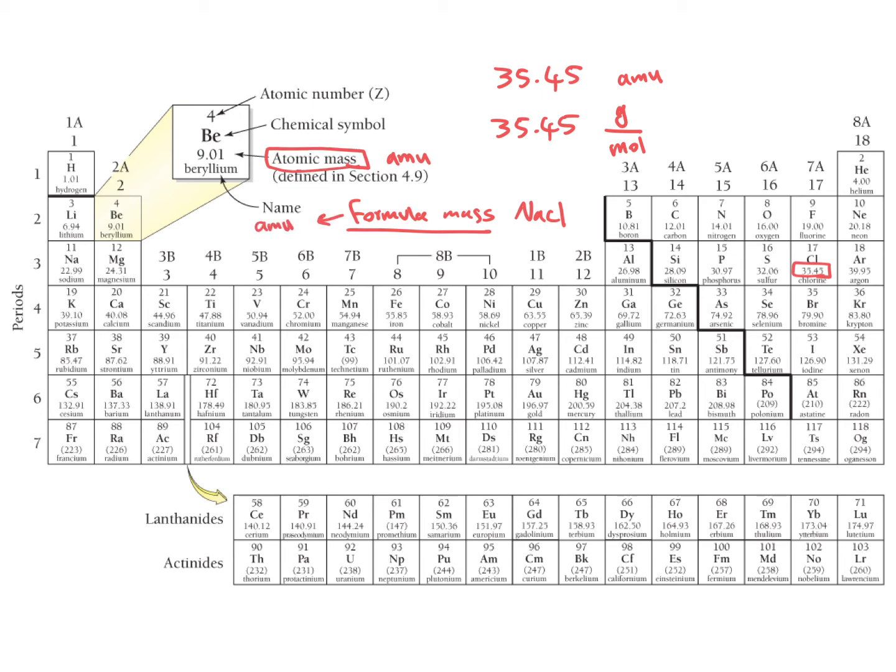But if I ask what is the molar mass of NaCl, what is the unit of this? Exactly, grams per mole. So the numbers are numerically the same, but depending on what I ask you, it would be AMU, atomic mass unit, or gram per mole.